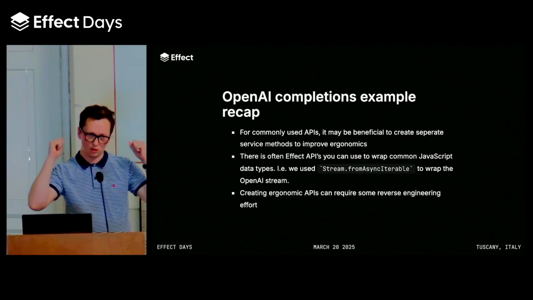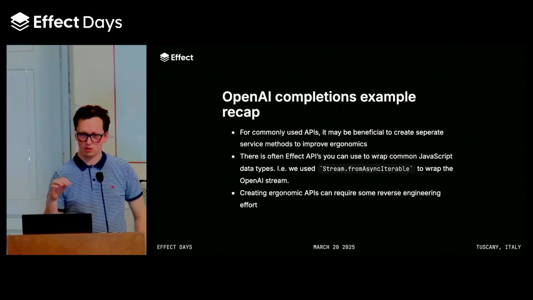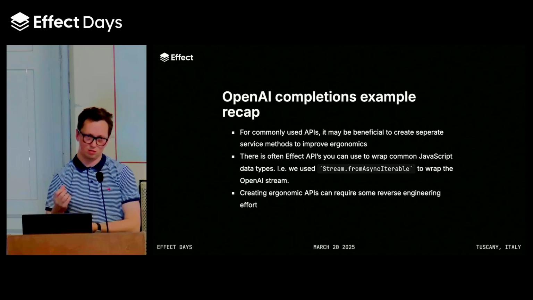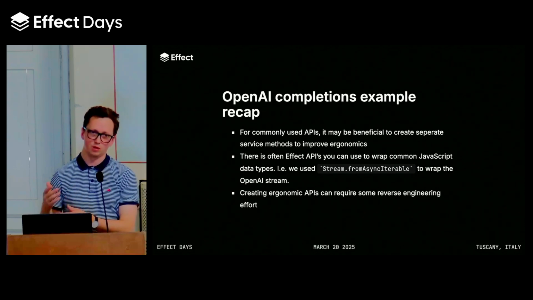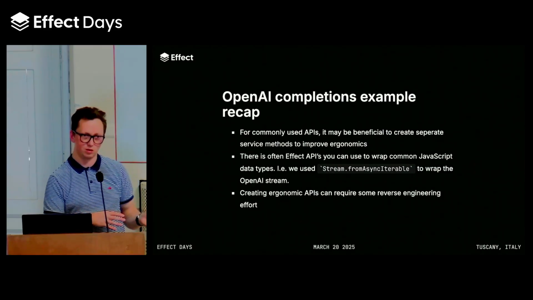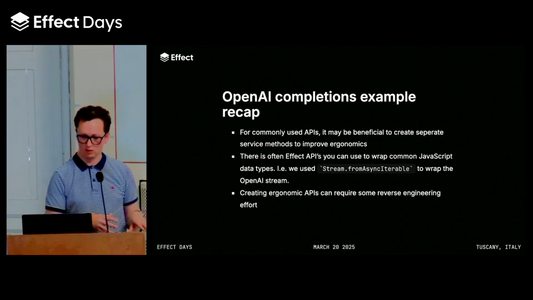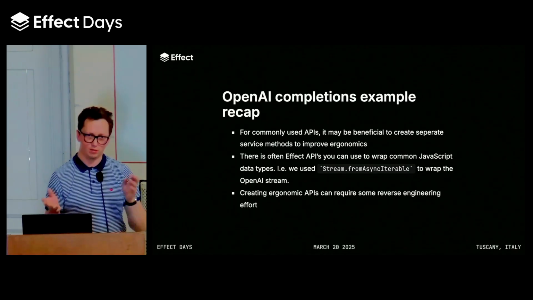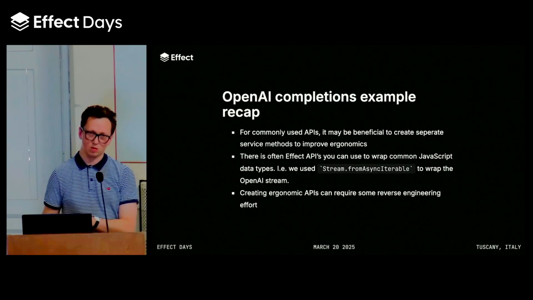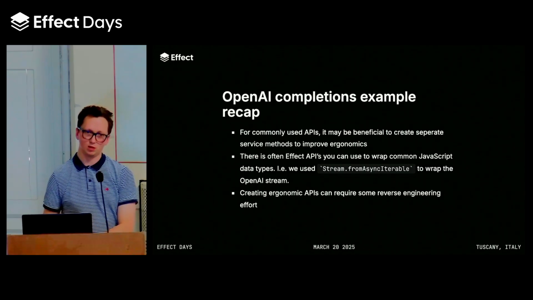You have to put your library hat on to find out in the types how you can unwrap whatever the npm package might be giving you to turn it into something you can consume in Effect. In this case, we had to unwrap that page promise thing, and that does require a bit of work, but it usually pays off a lot if you create a nice API that is easy to use in your business logic, because it just makes everything easier to read.